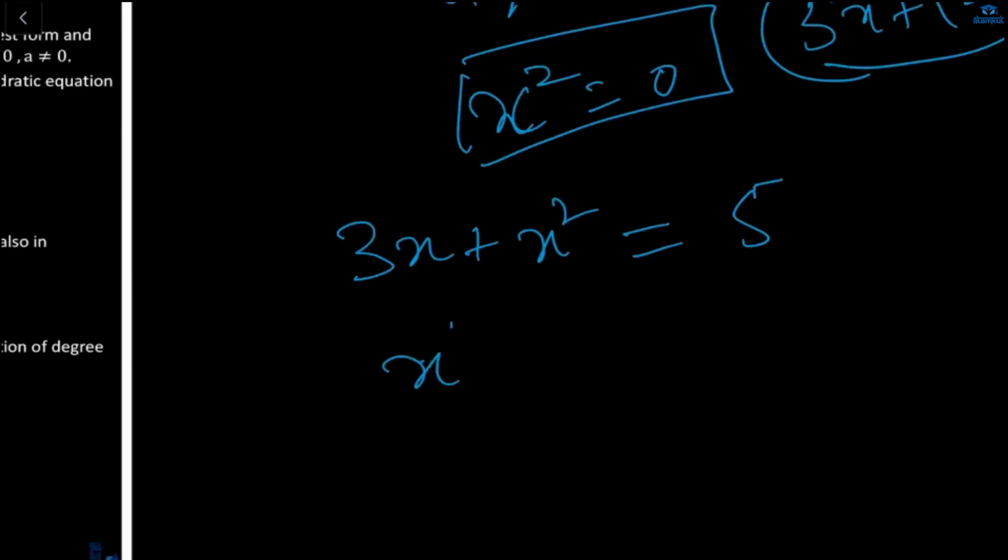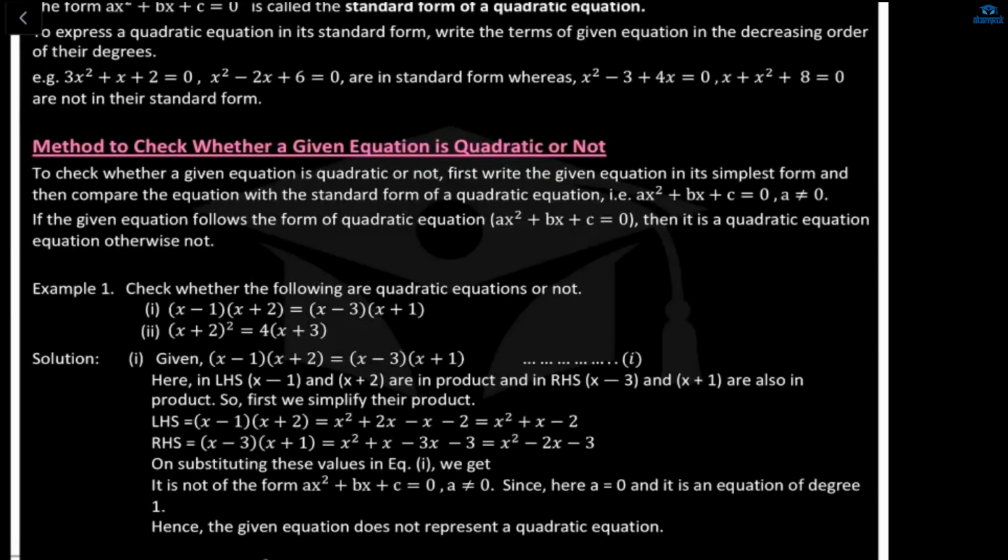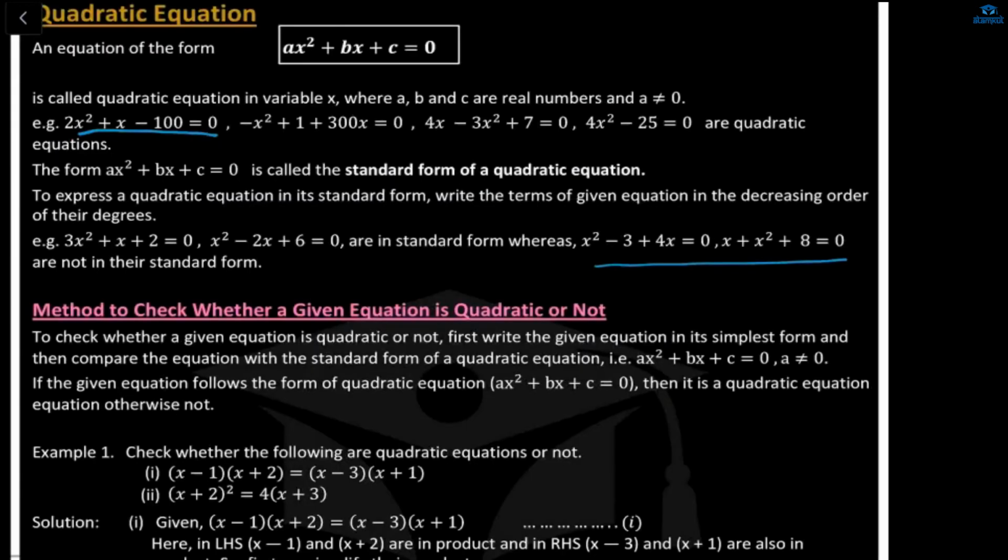You are going to write x square first, then 3x minus 5 is equal to 0. Now this is the proper format of your quadratic equation. Because when you write the proper format, you will not make mistakes. Now you can see many examples here. These are all quadratic equations. Fine. Any doubt in this? What is the quadratic equation and how to write a quadratic equation?